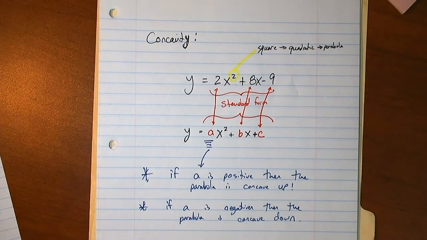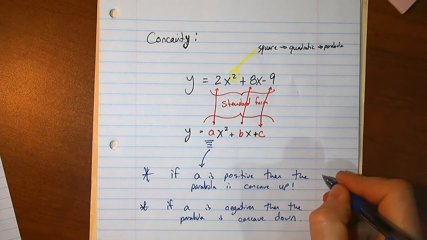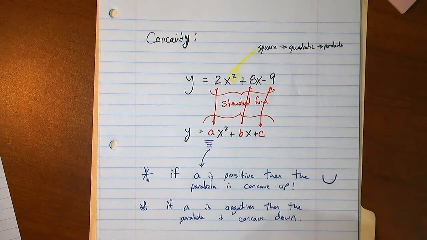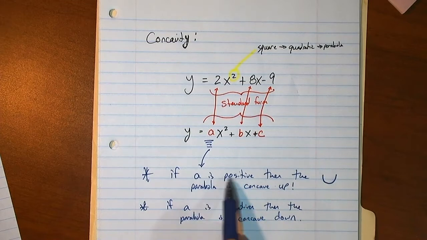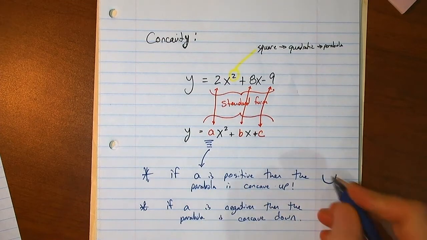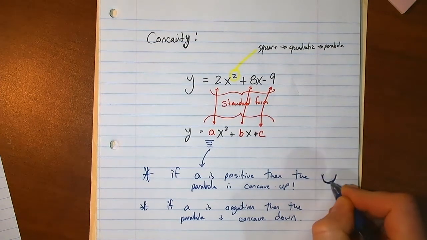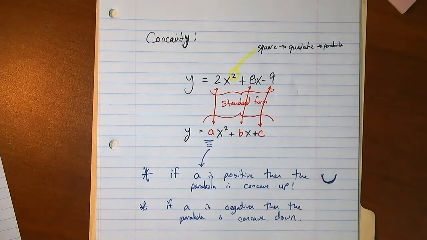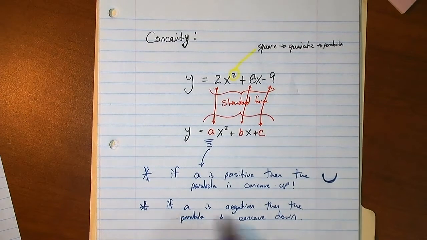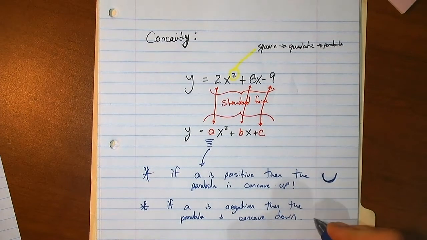Okay, again, I think of concave up as being a cup, right? Concave up like a cup. A is positive. If I think about positive people, they tend to be happy. They smile. Maybe they hang out with friends and they drink soda pop together or something. I don't know. But that's a. When a is positive, I'm up like a cup. When a is negative, I'm down like a frown.